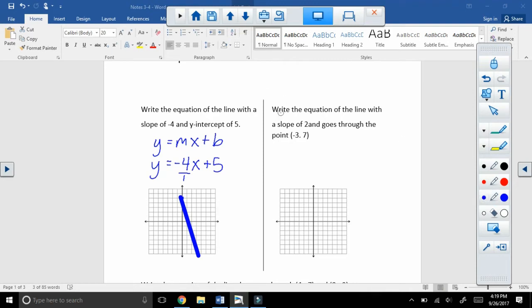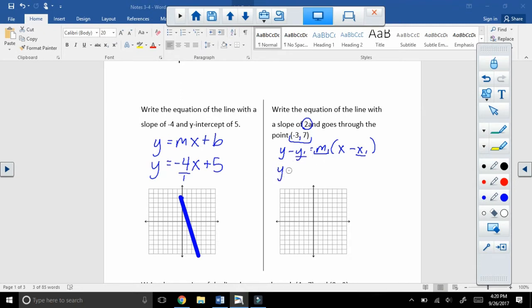For this one here, it says write an equation of the line with a slope of 2, and it goes through this point. So this is where I would use point-slope form. So y minus the y value equals the slope times x minus the x value. So you're going to plug the slope in here for m, and you're going to plug your coordinate in for x1 and y1.